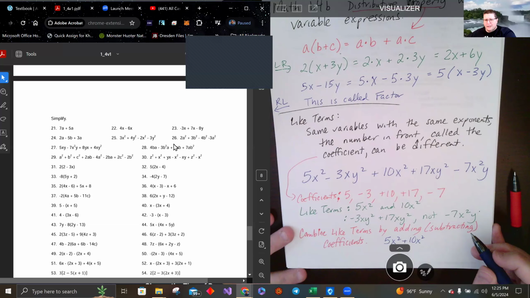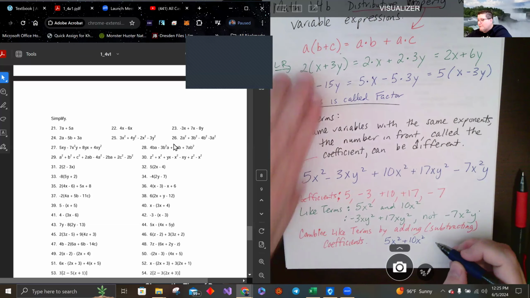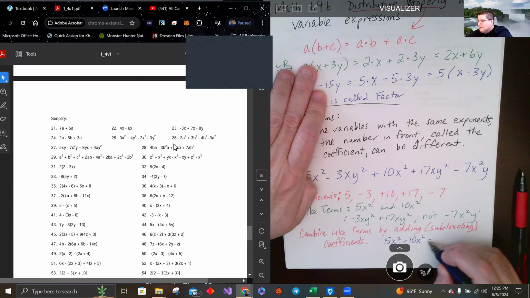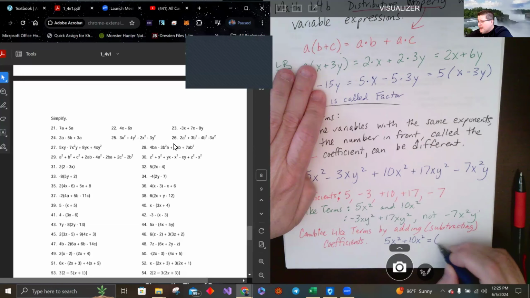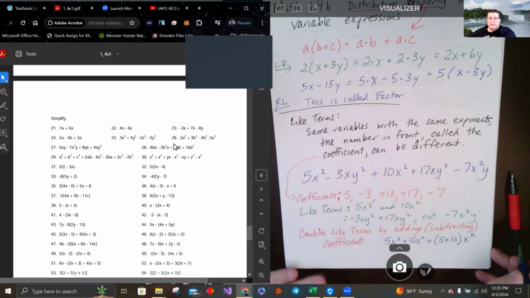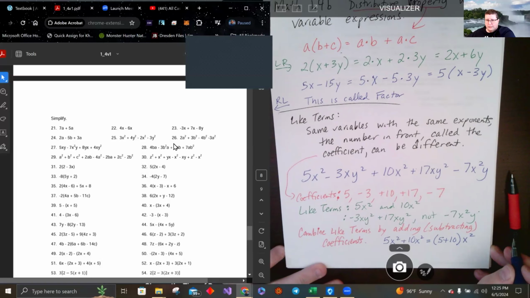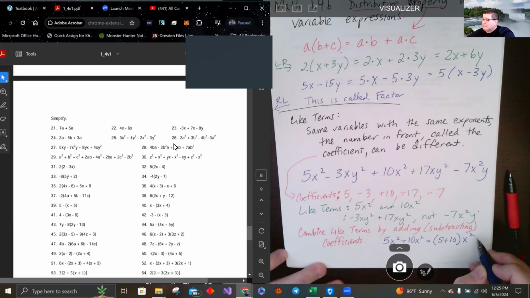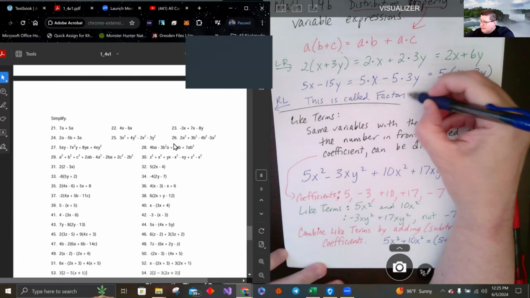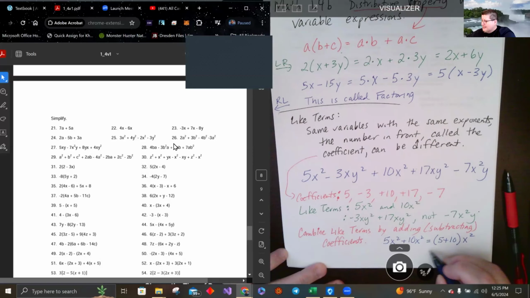The reason why this works is it's this distributive property going backwards. This is 5 plus 10 times x squared. So we pull out or factor out the x squared, and we have 5 plus 10 is 15.